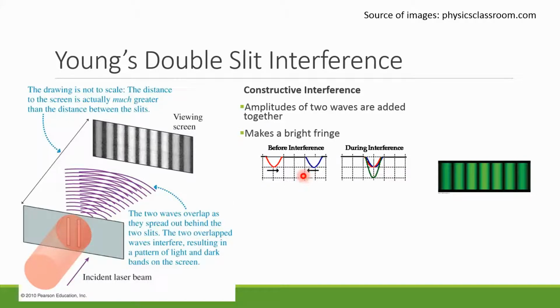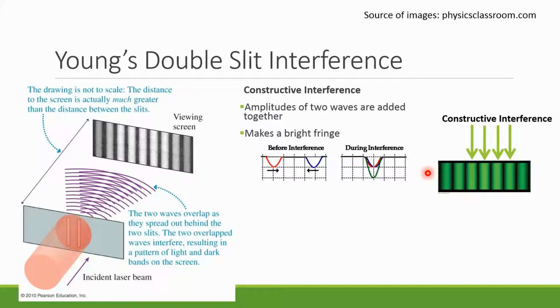So it will make a bright fringe on the viewing screen when the two amplitudes are added together. This is an example of where we would have constructive interference. This is when the two lights are combining together and making a larger amplitude. We have many bright fringes. Each of these is constructive interference. Every bright fringe is constructive interference.